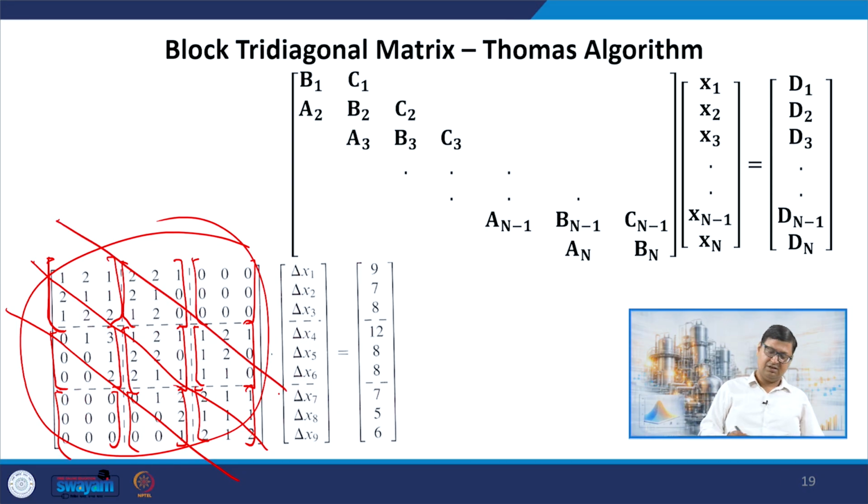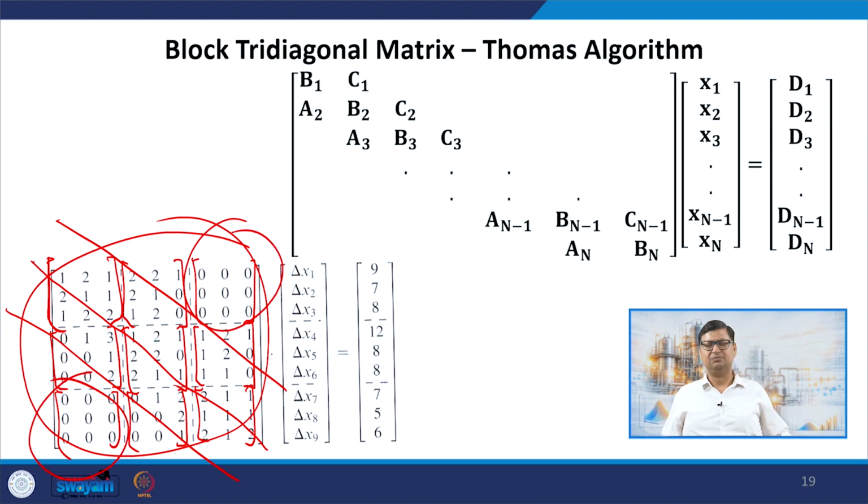But apart from that, what is left are the matrices containing all 0. So we can extend the idea of tridiagonal matrices to a block tridiagonal matrix, where every element of the matrix is not a scalar value, but is itself a small matrix, right. In this case, that small matrix is a 3 by 3 matrix and the big matrix is a 9 by 9 matrix, right.